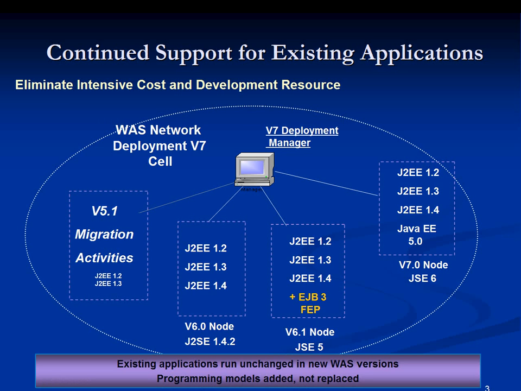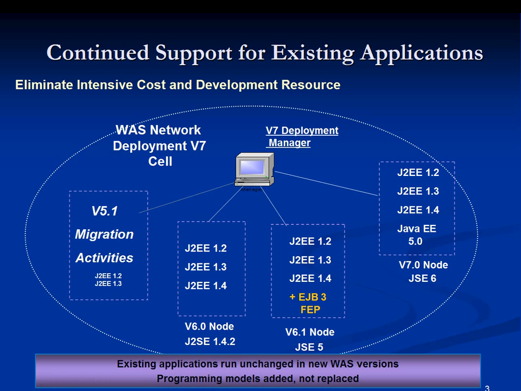We had a large corporation do a huge migration from version 3.5 into version 7. All they had to do was make some minor configuration changes and do some testing, and their old legacy applications still ran in version 7. These were applications written in the 2000, 2001 time period.